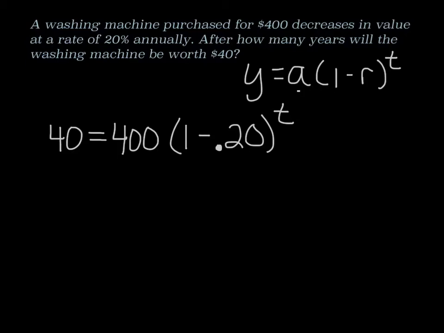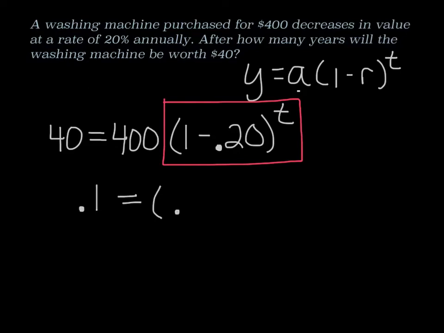So the first thing we have to do is isolate the exponential. So I'm going to divide both sides by 400. And 40 divided by 400 is 0.1. So 0.1 equals, and then 1 minus 0.2 is 0.8. So I'm just going to go ahead and make that 0.8 raised to the t power. And then if it helps you see it, rewrite it as 0.8 to the t power equals 0.1.